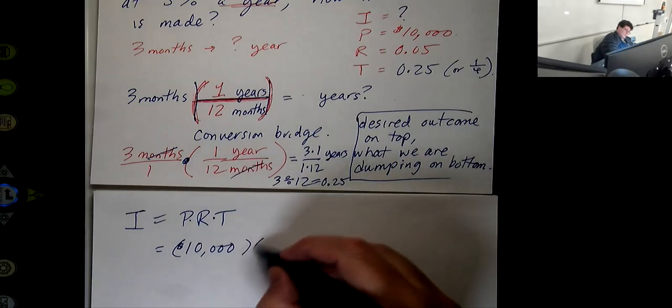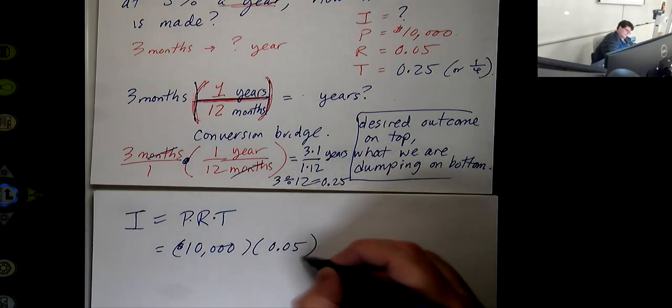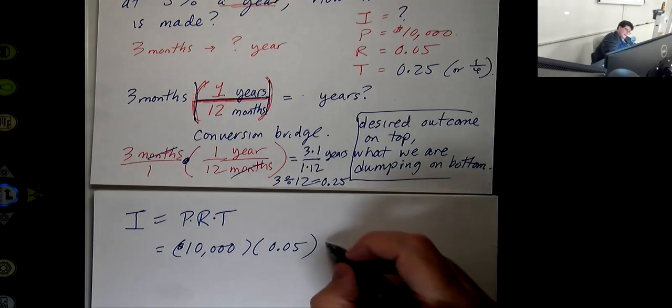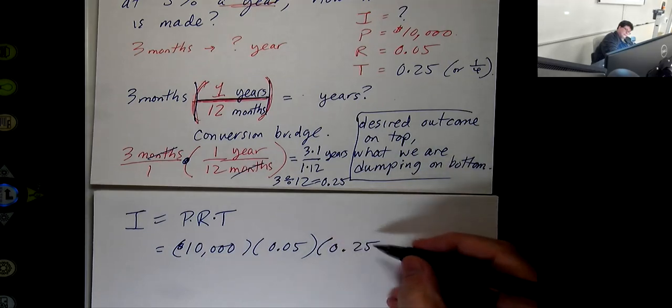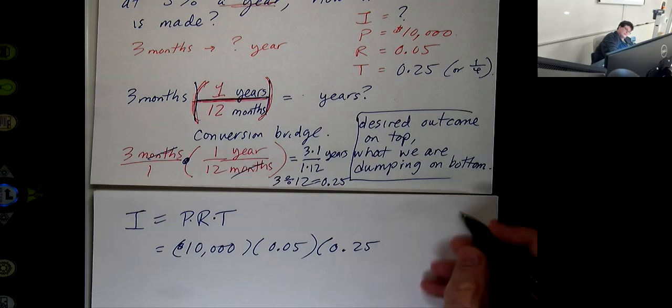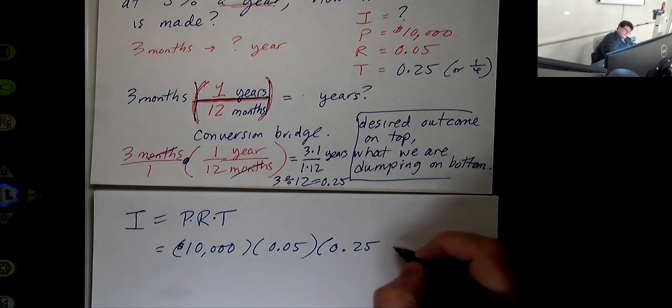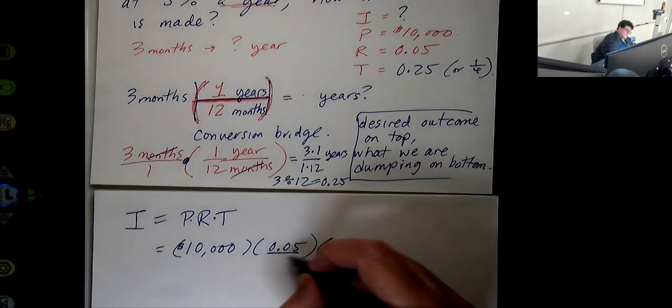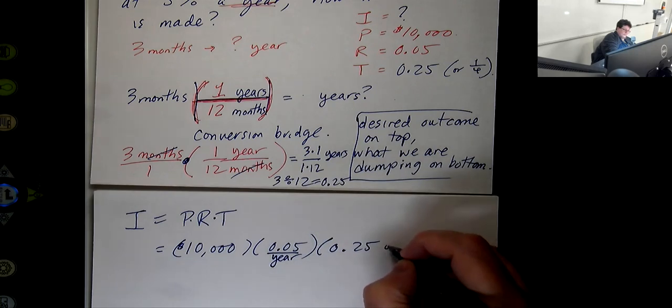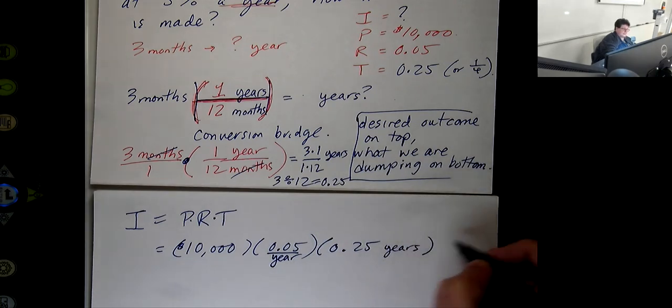I've got 0.05. And I've got 0.25. Actually, if I leave the years in, this is 0.05 a year, and this is 0.25 years. It's a quarter of 500, 125.